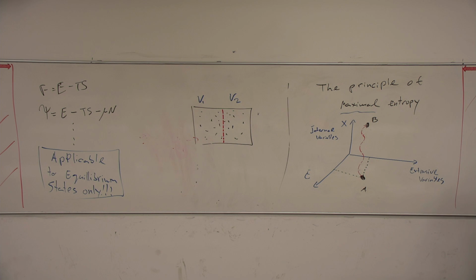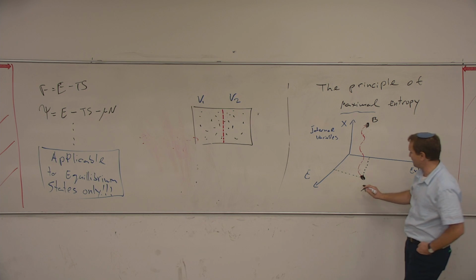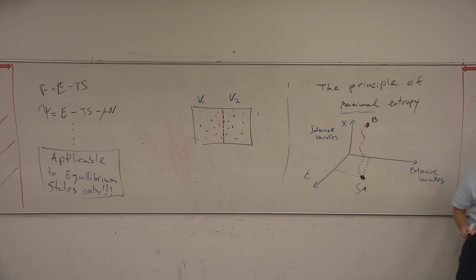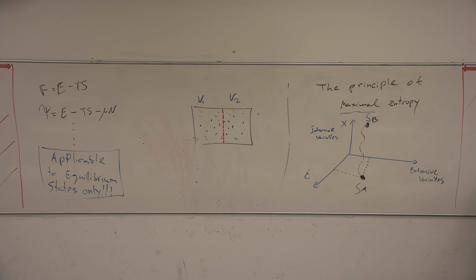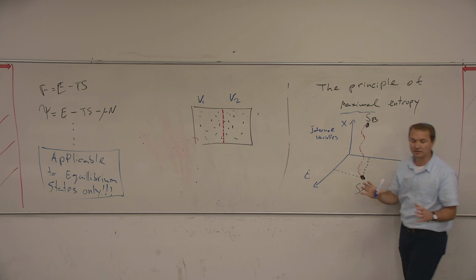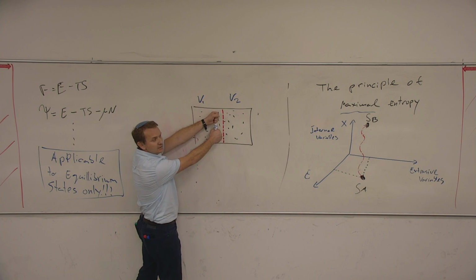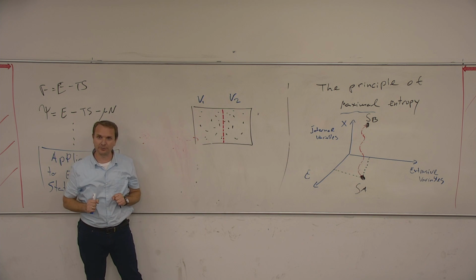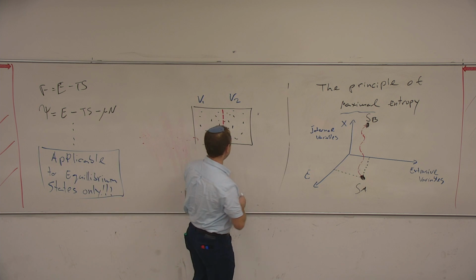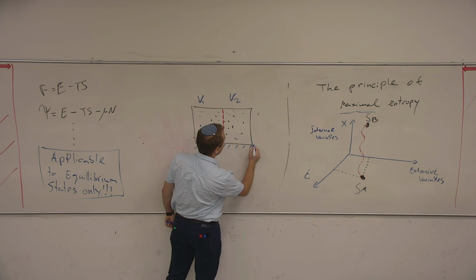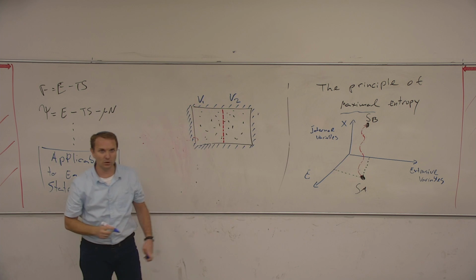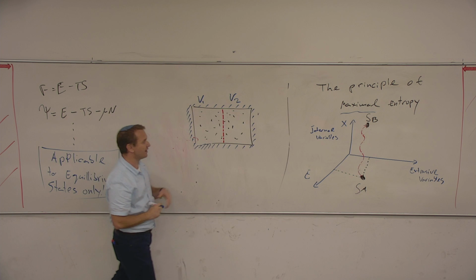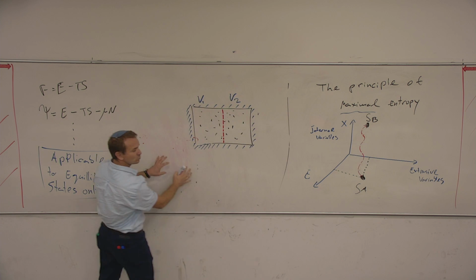Now I have some entropy, SA, here, and here I have some entropy, SB. Let's think of the situation where it is possible for me to take this constraint out of the system immediately, and at the same time keep adiabatic boundary conditions, so no heat is exchanged between my system and the outside world.